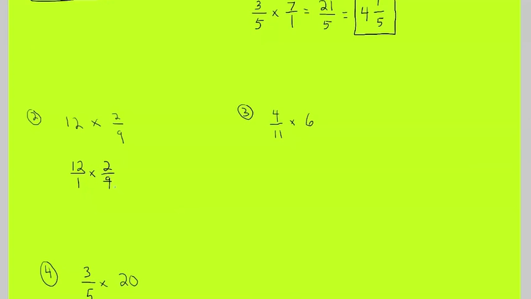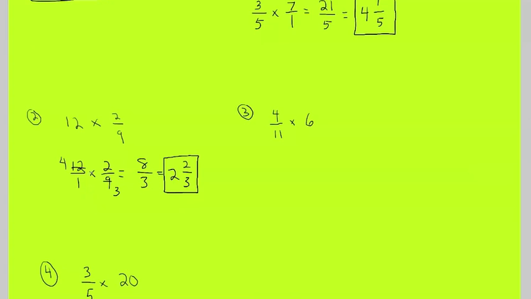So 3 goes into 9 3 times, and 3 goes into 12 4 times. So now when I multiply it, 4 times 2 gives me 8, 1 times 3 is 3. So I have 8 over 3. As a mixed number, 3 goes into 8 2 whole times, because 2 times 3 is 6. There are 2 left over, and 3 will be our denominator.